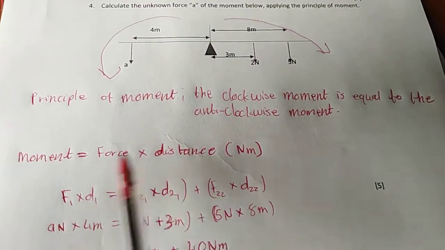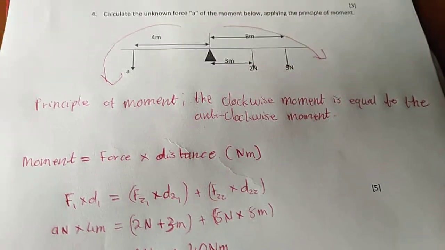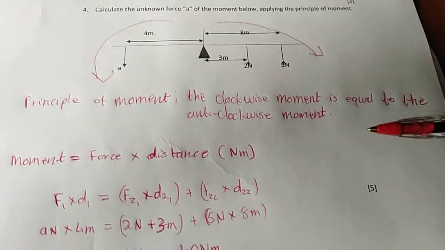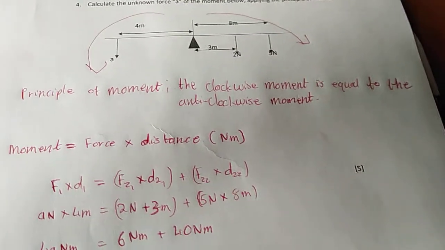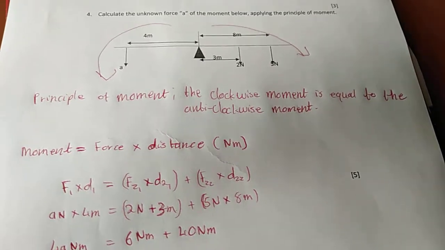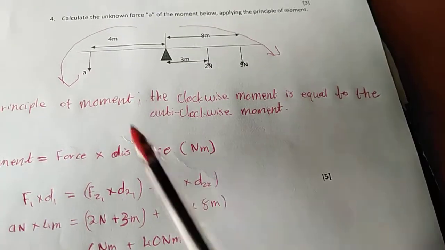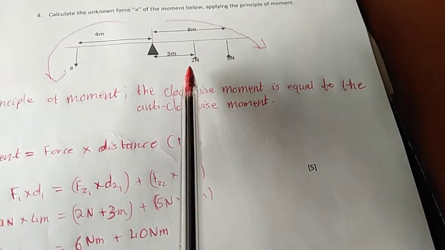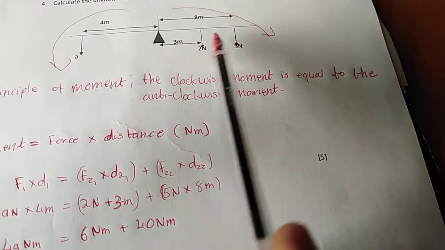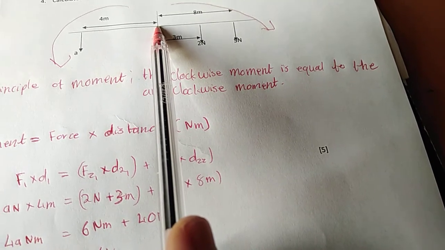Moment is equal to the force that is acting on that object times the distance of the force from the pivot, or the distance of that force from the fulcrum. So if we have this force here, which is 2 Newton, we see that it is placed 3 meters from the center of the fulcrum at the pivot.